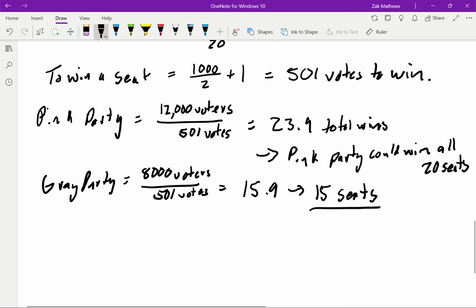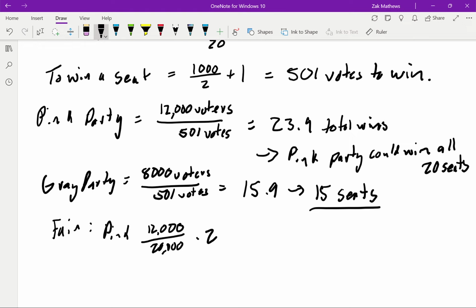If we think about what we would expect or what should happen, the fair outcome, well, the pink would have 12,000 out of 20,000 times 20 seats, or they should win 12 seats.